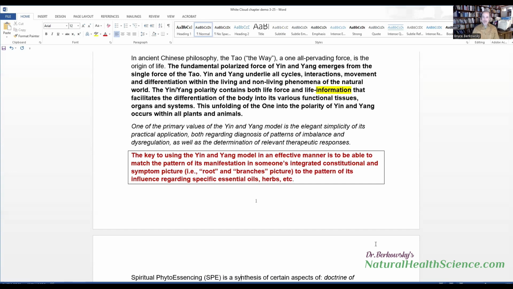And this root disorder is the combination of what you brought into this world constitutionally, your genetics, and your previous life information that was carried forward into this incarnation, what happened during the period that you were a fetus in utero, what happened in the first few years of childhood. That's your constitution.